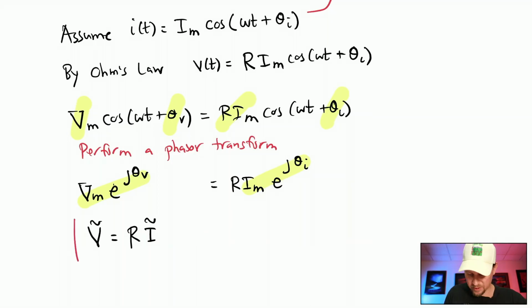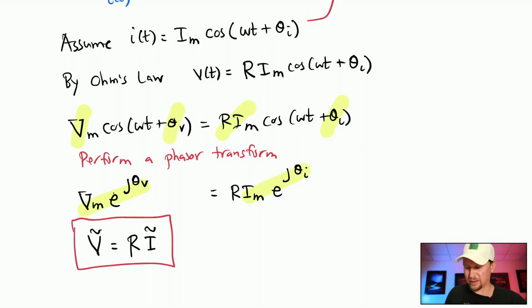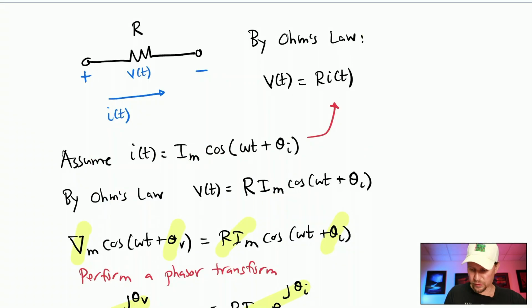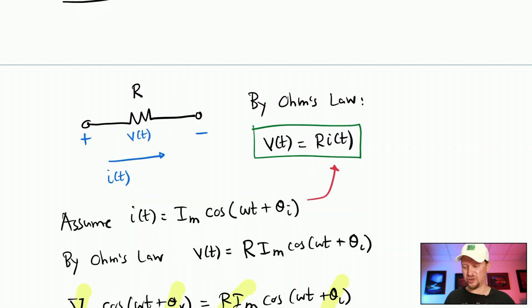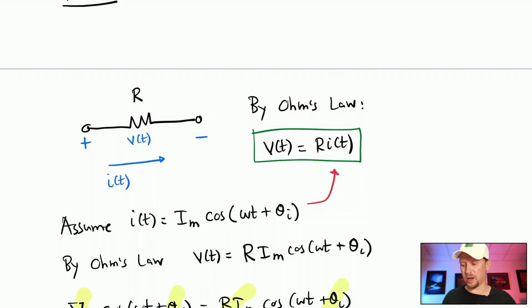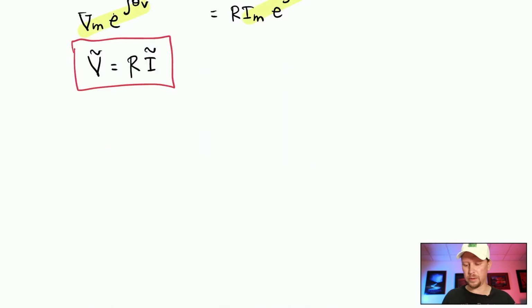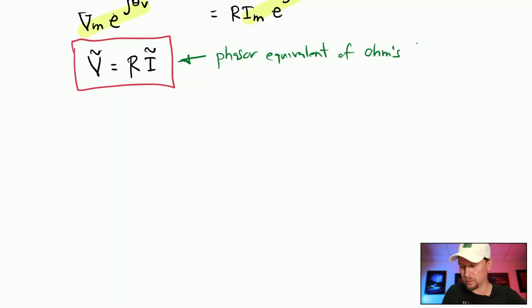Even though this looks to be absolutely identical to Ohm's law, which we have up here, it is very slightly different in the sense that this is generalized for all possible functions of the current and the voltage, while this one is the phasor equivalent of Ohm's law. And notice that it pretty much has the same mathematical form.